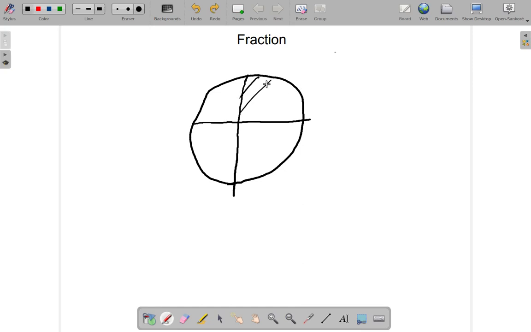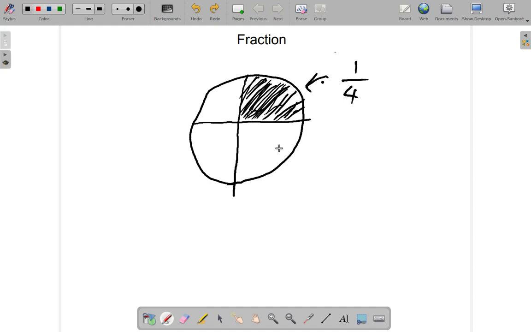When I shade here, or if I say this is an entire bulla cake and I get this portion, out of 4 of us sharing it equally, I would get 1 out of 4. The numerator is 1, the denominator is 4. So there is 1 part, the numerator, out of 4 equal parts available, the denominator. So I get 1 part out of the 4. All right.